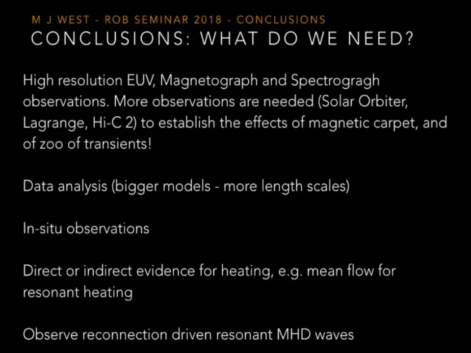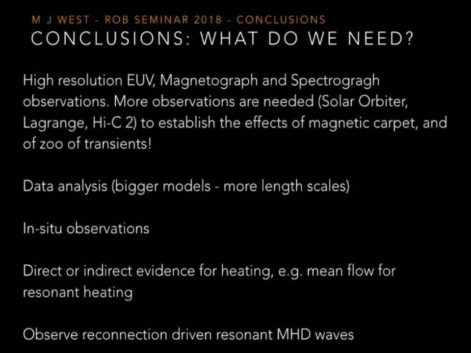Data analysis. When I talked a little bit about magnetic reconnection, I started off with the idea of 2D magnetic reconnection, and that was where our theory was at the time, and also what our simulations could actually produce results with. As our computing power got better, we were able to build these 3D numerical simulations.